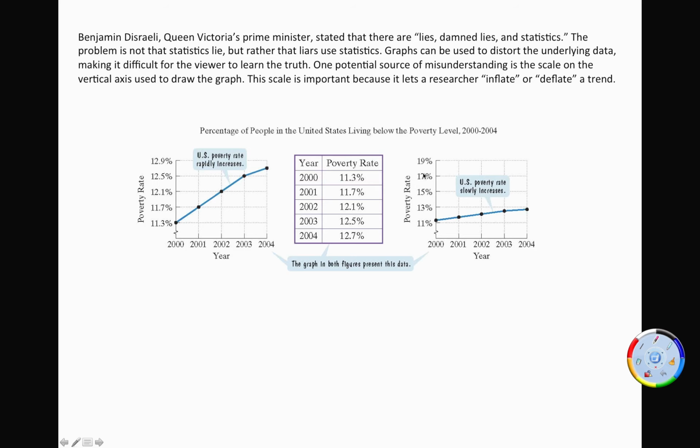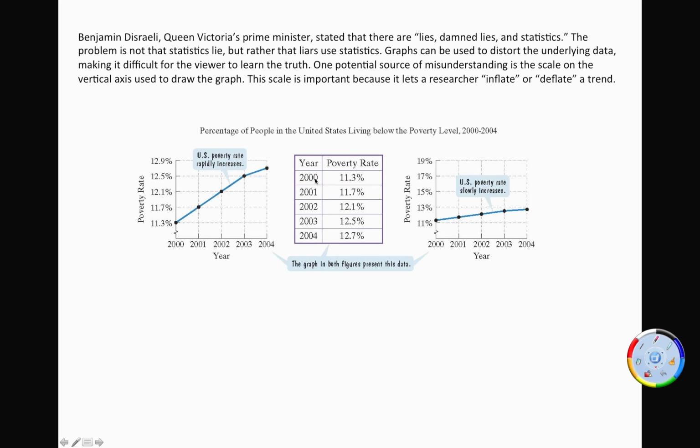Okay, so always look at your vertical axis and see, are they zoomed in or zoomed out, right, to make their point.